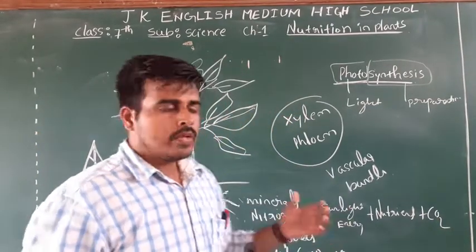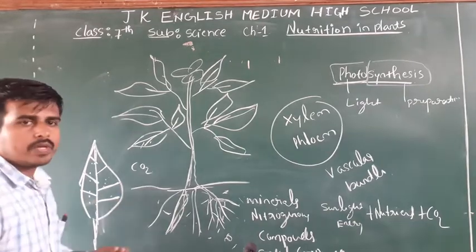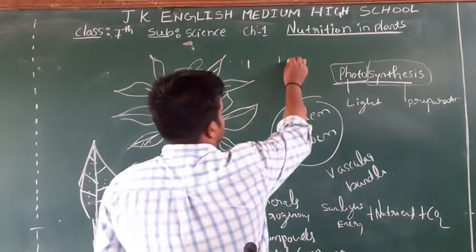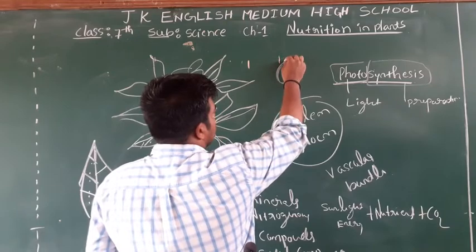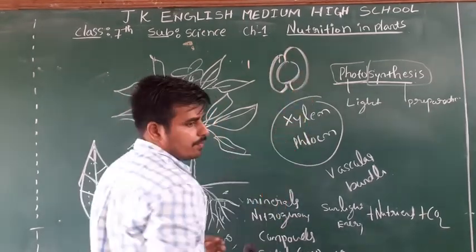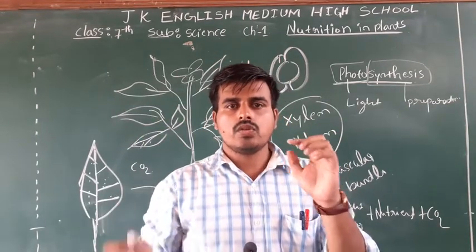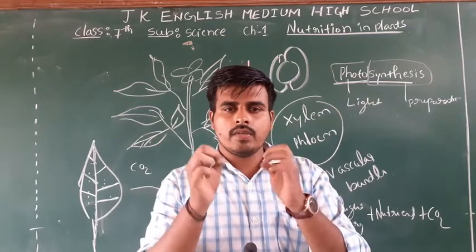How is it absorbed? Every leaf has small pores, small openings, and these openings are guarded. Have you observed beans? Kidney-shaped beans. So bean-shaped cells are there.